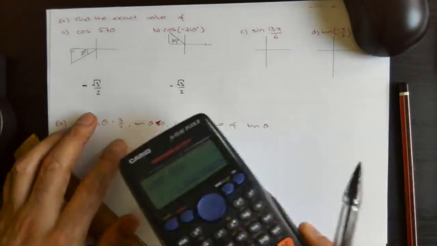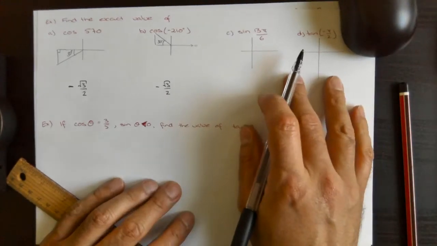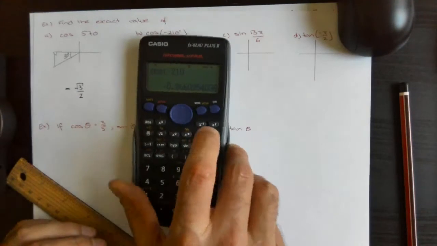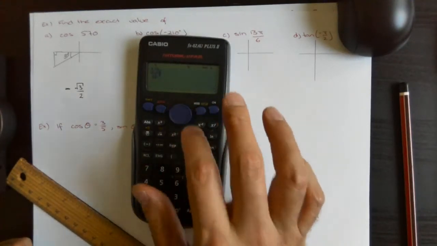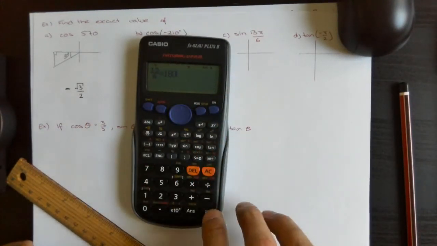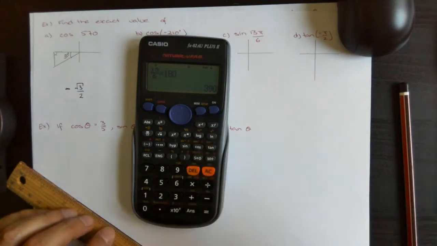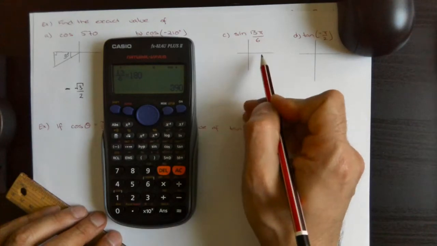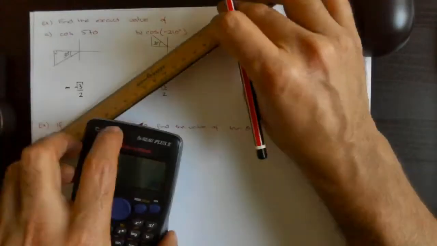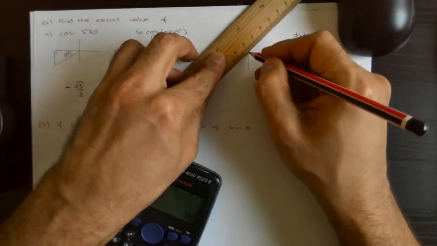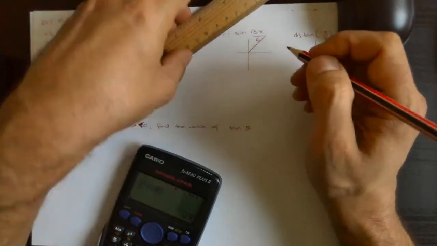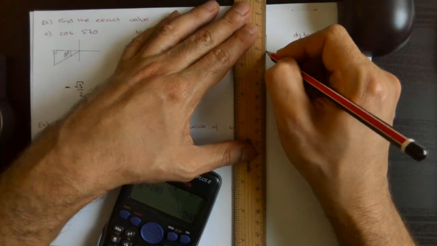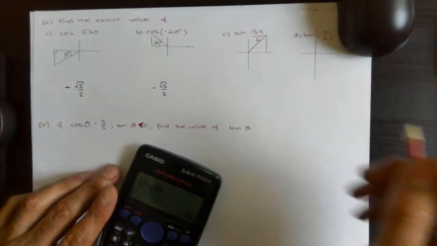All right. So now we've got sine 13 pi over 6. So 13 over 6 times 180, that's equivalent to 390. So we do a full revolution of 360, and then we have 30 degrees. But because we're in radians, 30 degrees in radians is pi on 6.